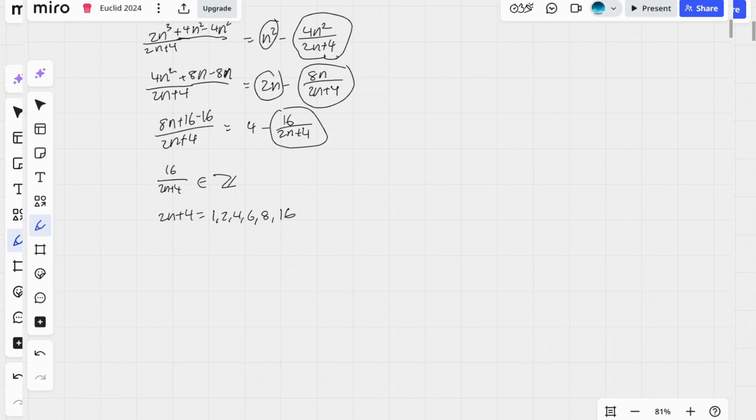Okay, and for the ones that give you an integer value of n, we have 4, which gives you n is equal to 0. We have 6, which gives you n is equal to 1. 8, which gives you n is equal to 2. And 16, which gives you n is equal to 6.